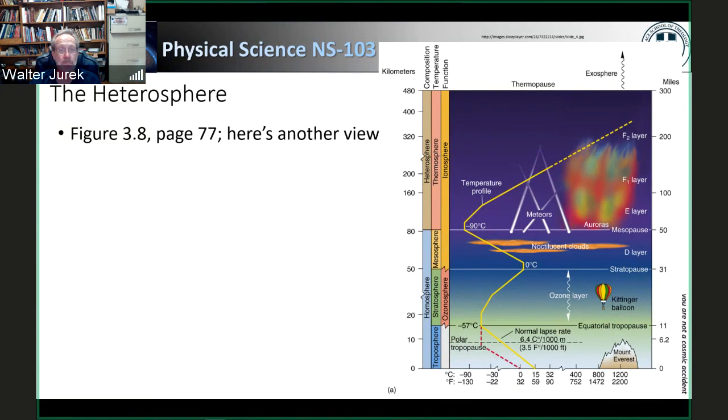All right. Let's start with the exosphere. Notice in our picture, way up top right, the exosphere, basically that's space. Just below that is this whole thing called the thermosphere.